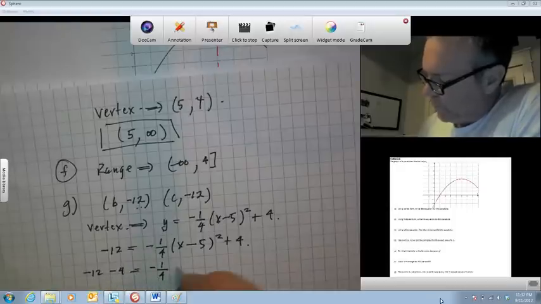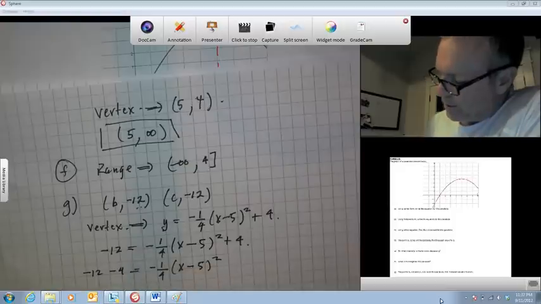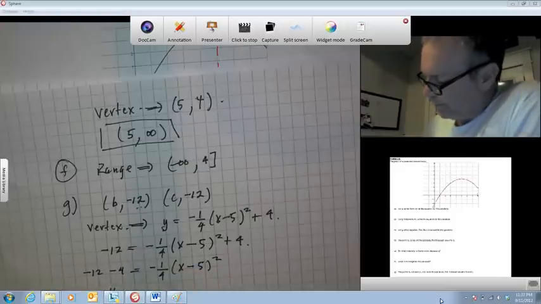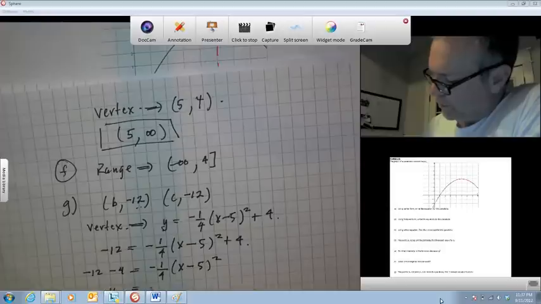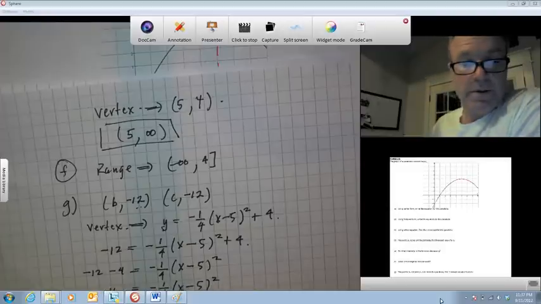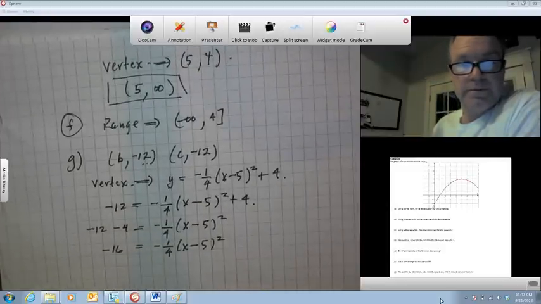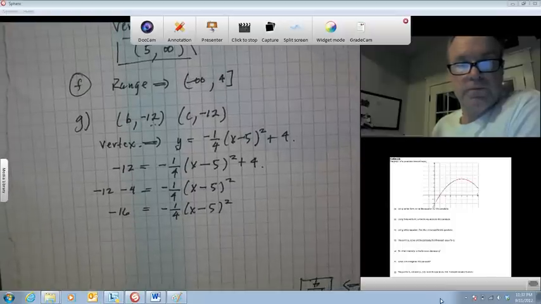So we're going to move the 4 to the other side. It's going to become negative 4. Negative 16 is equal to negative 1/4 times quantity x minus 5 squared.